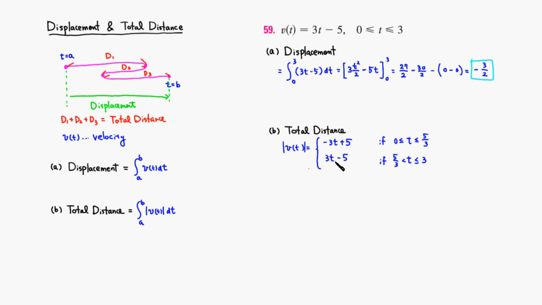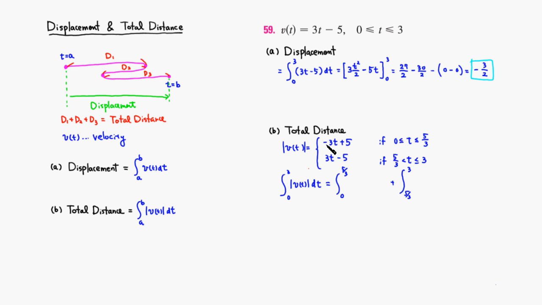So when you integrate from 0 to 3 of the absolute value of v of t dt, we would have to split it into two integrals. First 0 to 5/3, and then from 5/3 to 3.